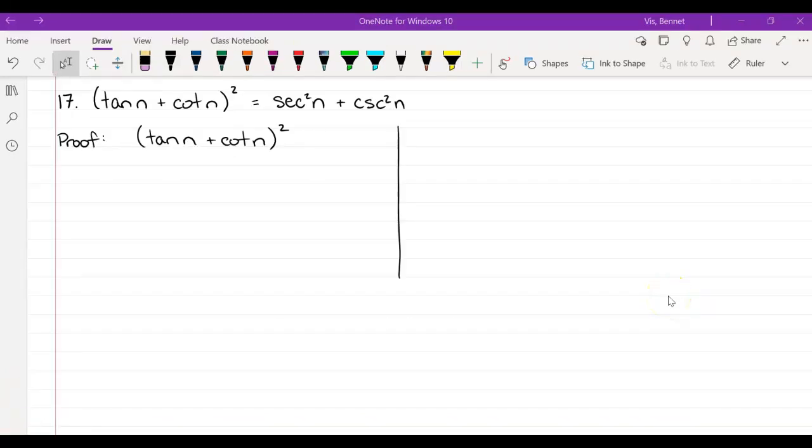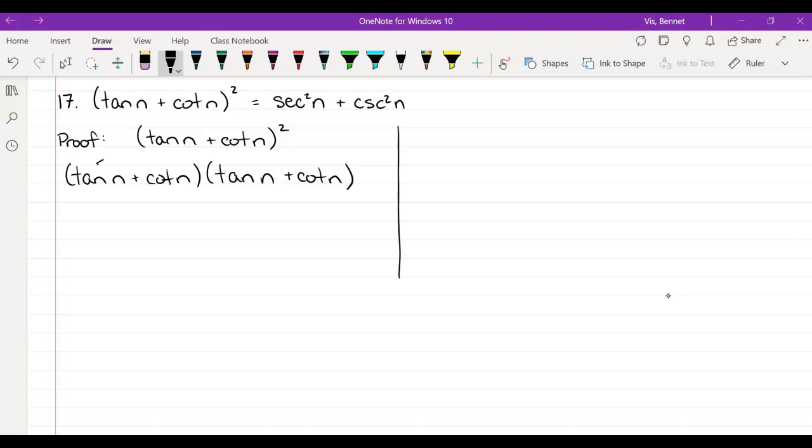And the next one that we suggested was to take tangent n plus cotangent n quantity squared, turn that into secant squared n plus cosecant squared n. So I'm going to start by just restating this, write proof, have this quantity squared, and just like the last one, I'm actually going to square it. And I'm going to do tangent n plus cotangent n times itself.